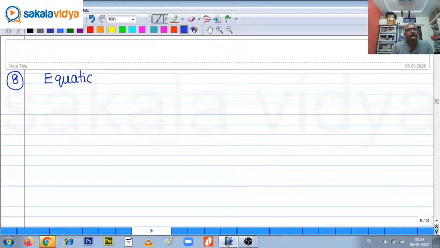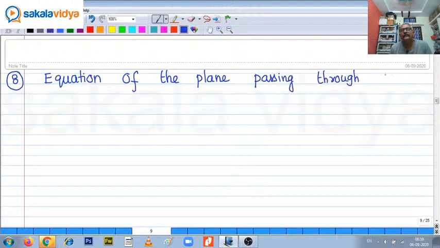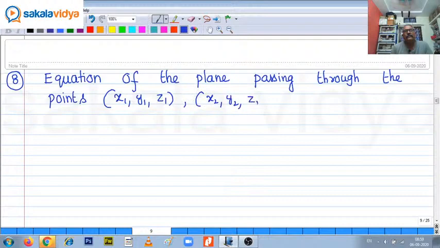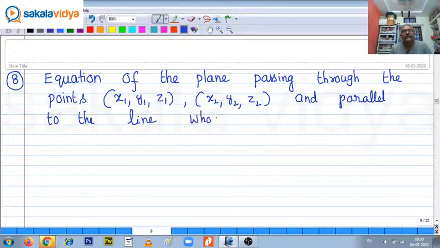Equation of the plane passing through the points (x1, y1, z1), (x2, y2, z2) and parallel to the line whose DRs are A1, B1, C1 is.